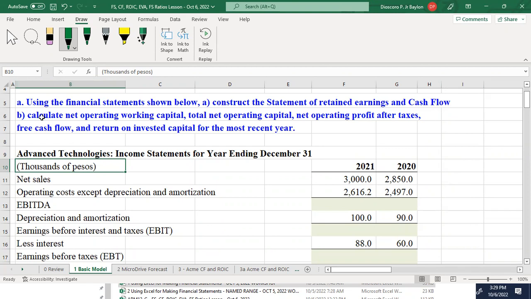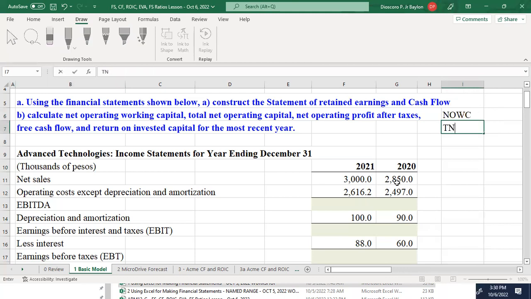And we're asked to calculate the NOWC, net operating working capital. Then you have the TNOC, total net operating capital. Then the NOPAT, net operating profit after tax. Then the free cash flow. And then the ROIC.